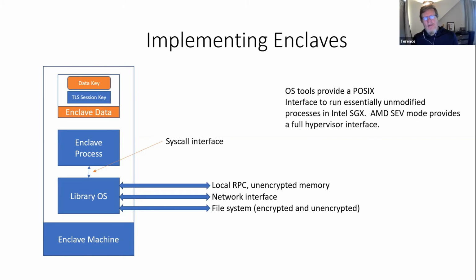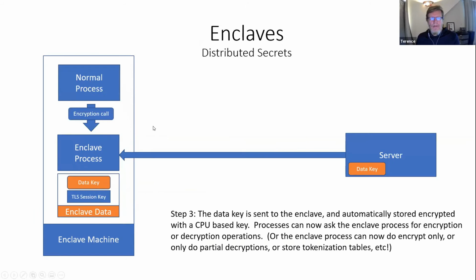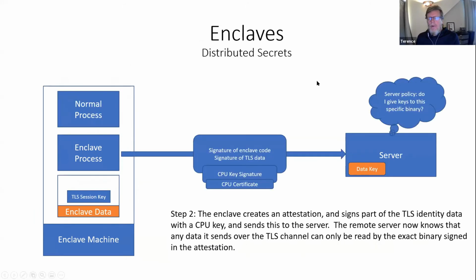But they are, let me say this, not incredibly easy to use right now, because you end up having to do some things that you could previously gloss over in terms of what goes into the enclave, how to architect my application to do this. And also, when we go back, one of the things that the server had to do was have a policy with respect to what binaries do I actually trust. And this is not something that we really had to ask before, because we really didn't have the capability.